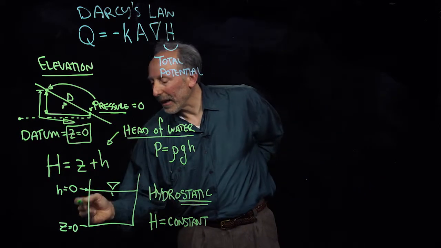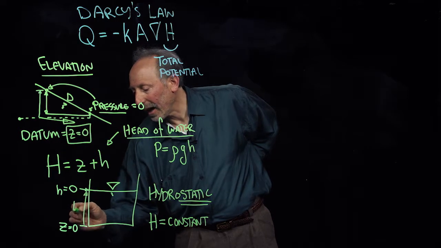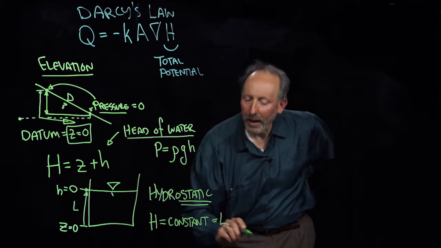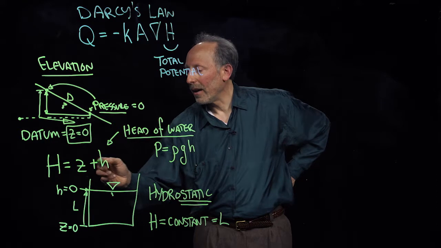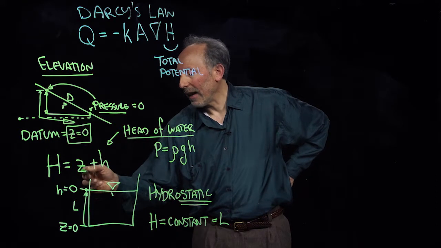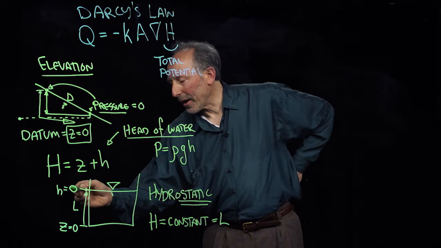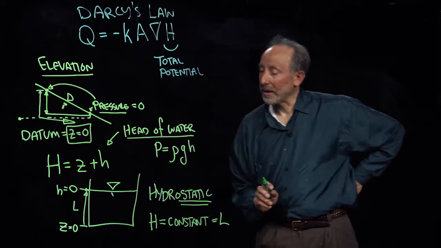And here we can identify that if our cup of water has a height L, then that H is equal to L. And how do I know that? Because I can go here where pressure is 0 and Z is equal to L, and I get H equals L. Okay? So I go to where I know the pressure and I know the elevation, and that's my total potential.